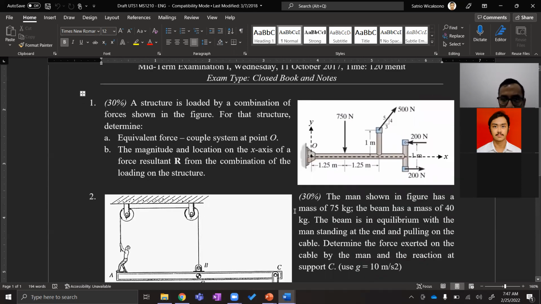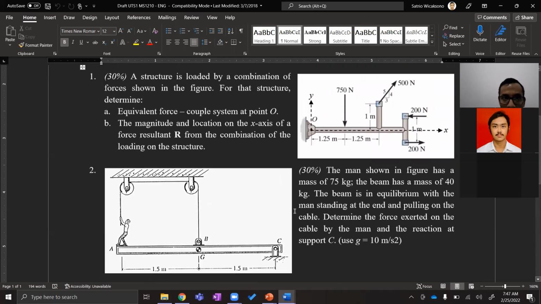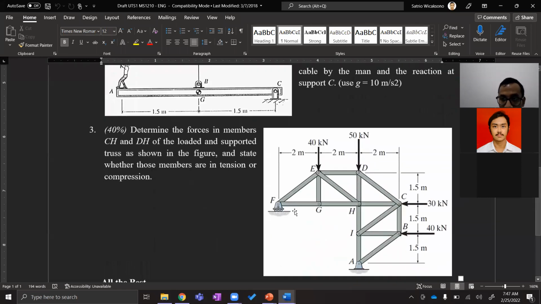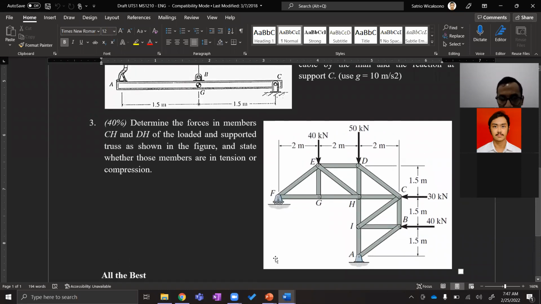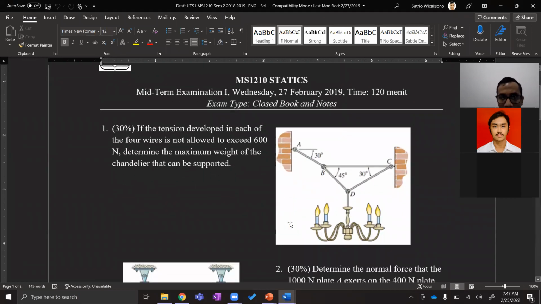You can see some of this, I already put in your homework. Number 1 here, I already put in your previous homework. Number 2 as well, I already gave it there. This one, number 3, I will give in your next homework. And this one is from 2019.